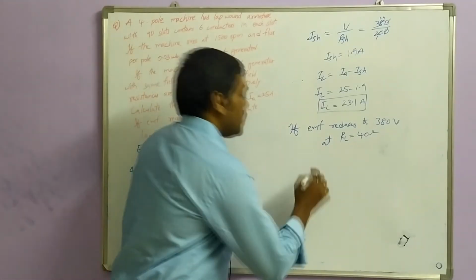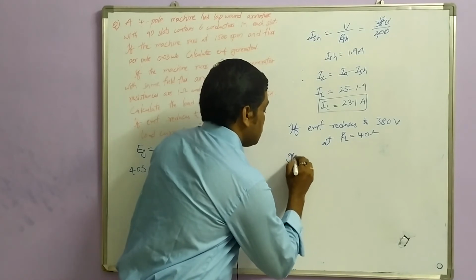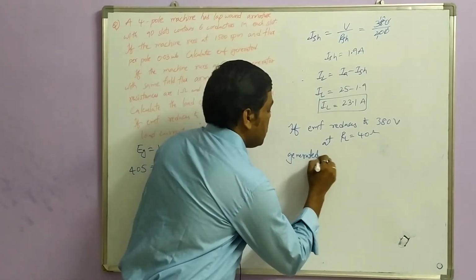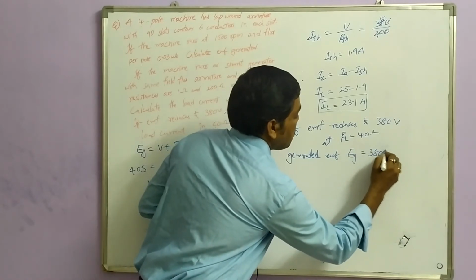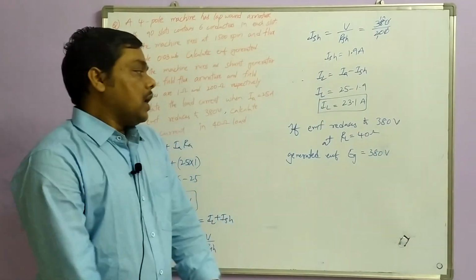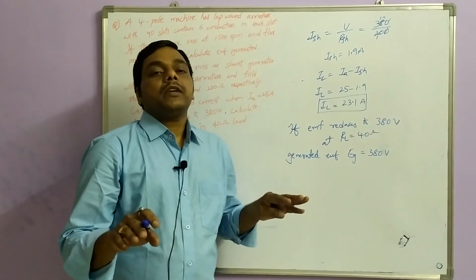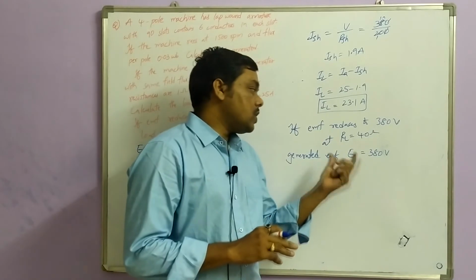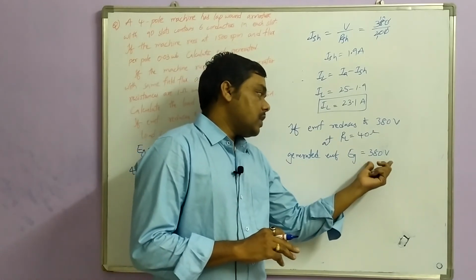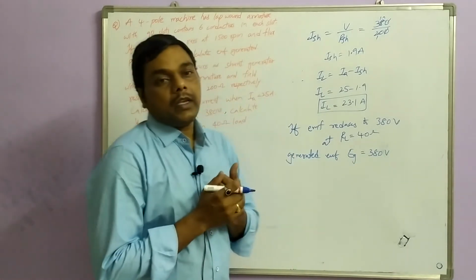Now the generated EMF is EG is equal to 380 volts and field current is same and the armature current is same. Now we have to find out what is the load current for given generated EMF.